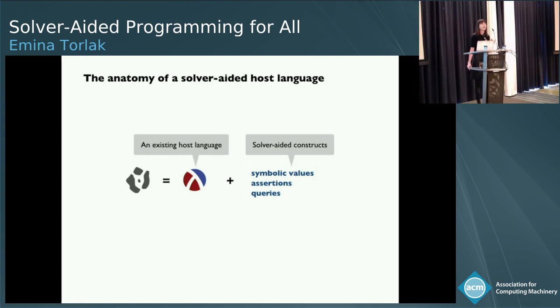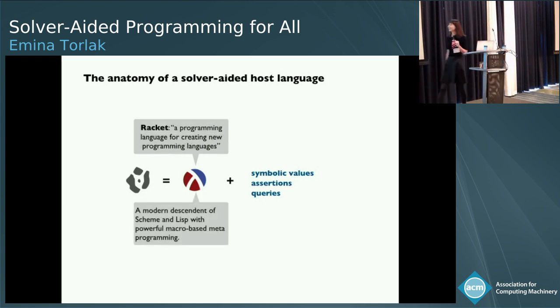Now, I don't think I need to introduce Racket to this audience, but in the very unlikely case that you don't know what Racket is, it is a modern descendant of Lisp and Scheme. It has extremely powerful metaprogramming facilities, and Rosette uses them extensively to make all of this actually happen.